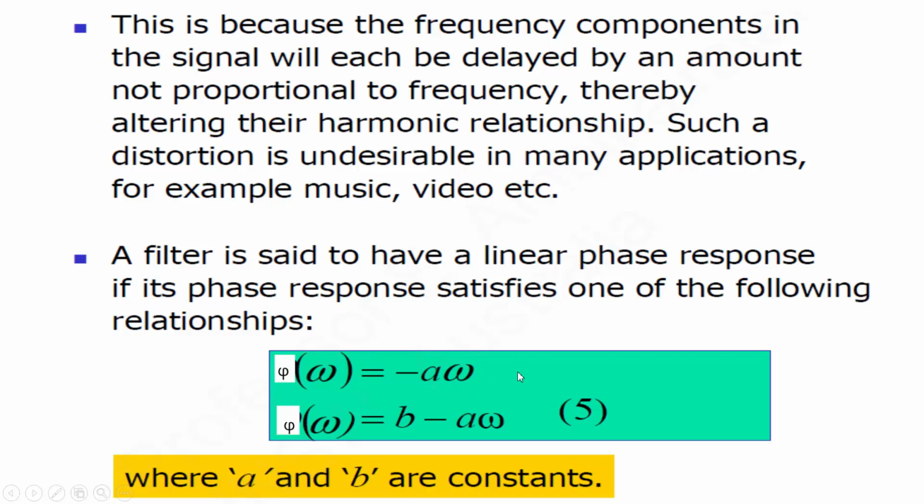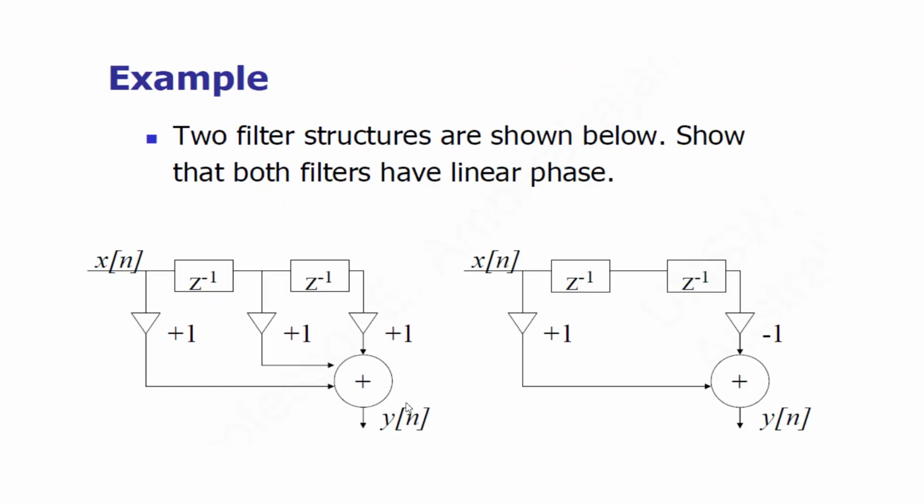This is a linear relationship, and this is also a linear relationship, but with an intercept present. So if we can prove that the phase response satisfies one of the two equations, then we can say that the system has a linear phase response.